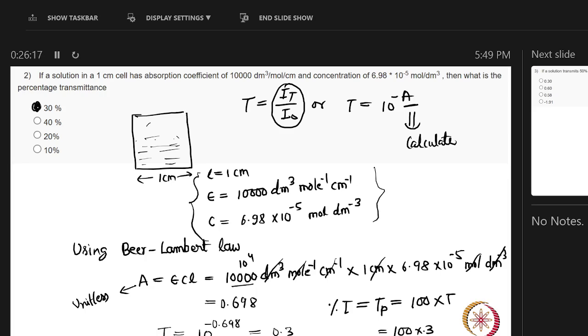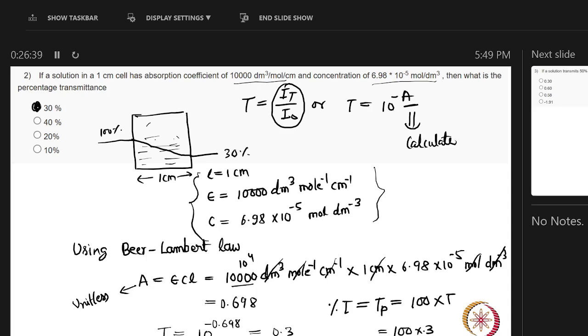So if you have this absorption coefficient, this concentration, and a 1 centimeter cell, then 30% of the light is transmitted. Let's say you are passing 100% intensity light, and after passing you will have 30%.